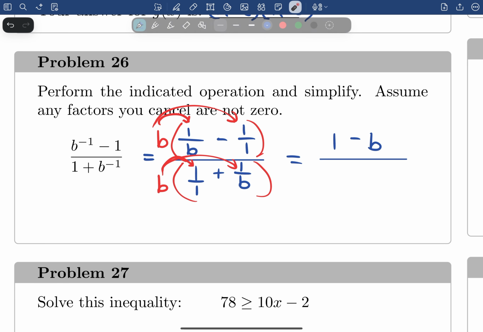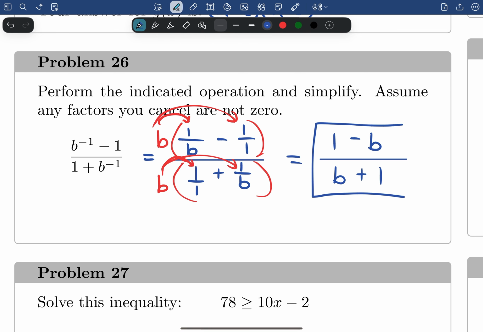And now let's move to the bottom. B times 1 is just b. And now I'm adding b divided by b, which cancels, right? B kills b, I just get 1. And this is my final result, 1 minus b over b plus 1.